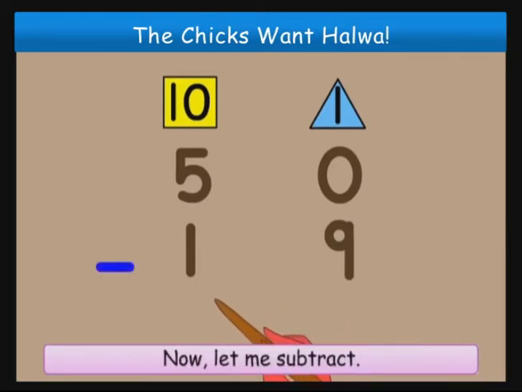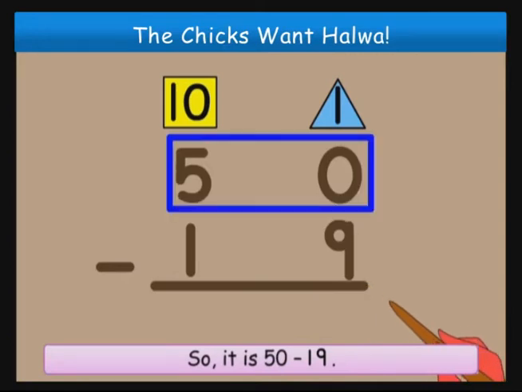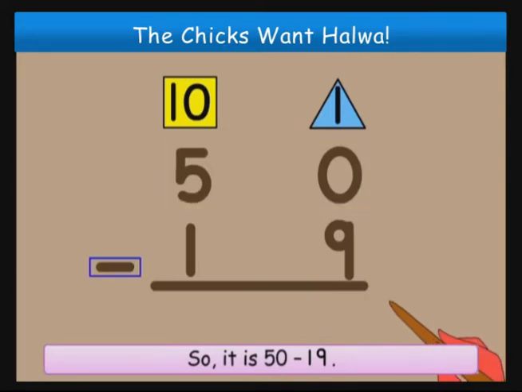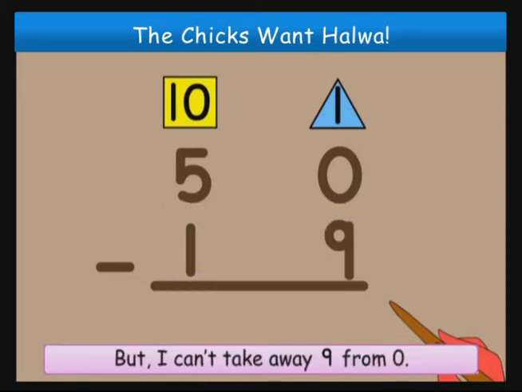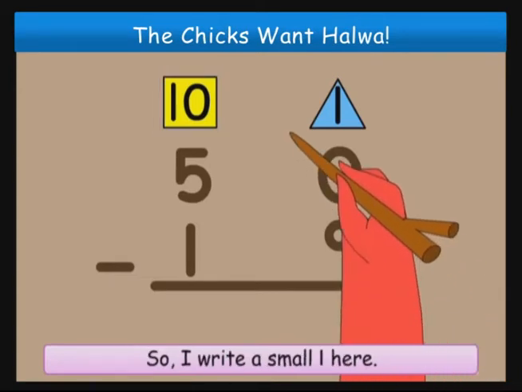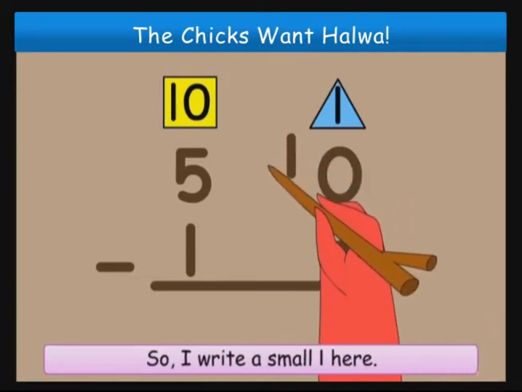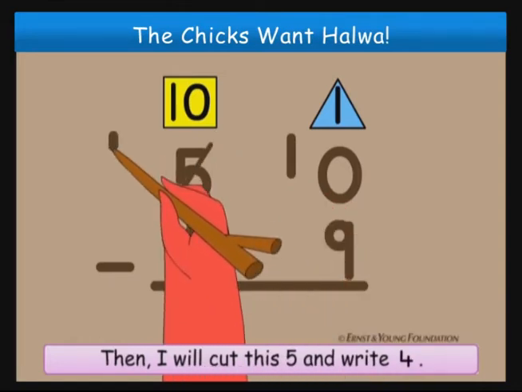Now, let me subtract. So, it is 50 minus 19. But I can't take away 9 from 0. I have to borrow from tens. So I write a small 1 here. Then I will cut this 5 and write 4.